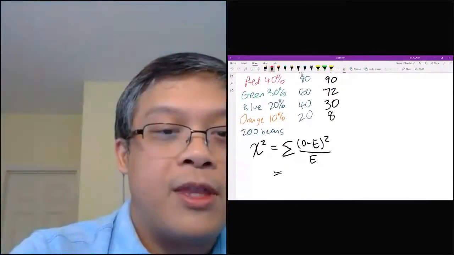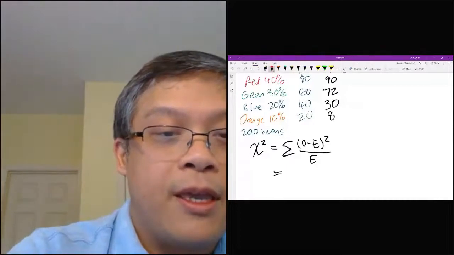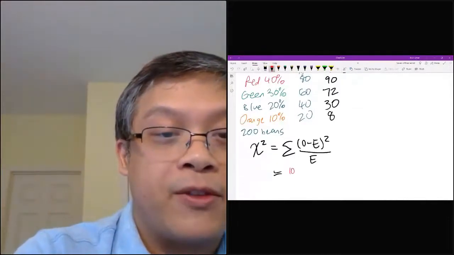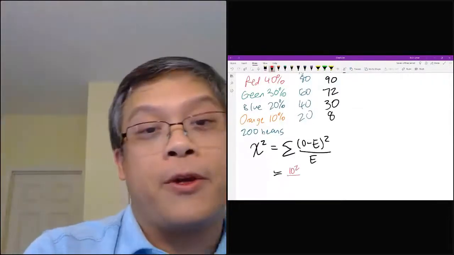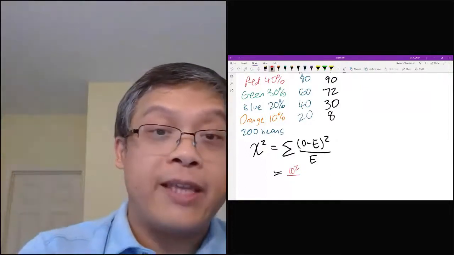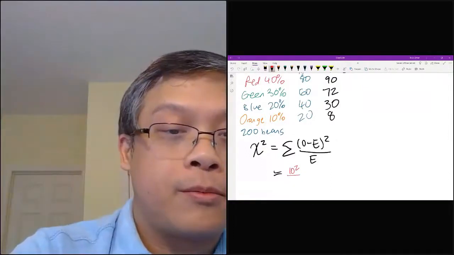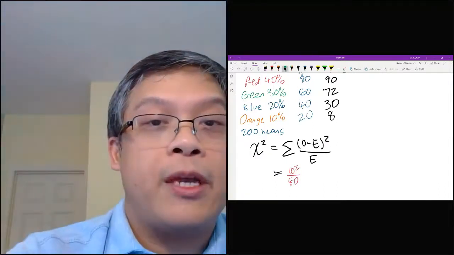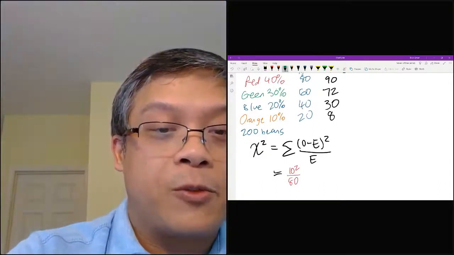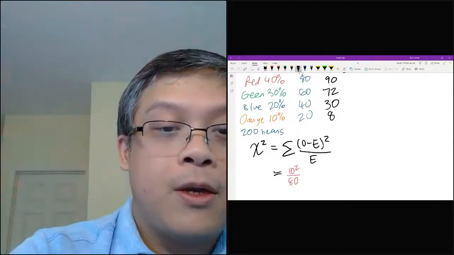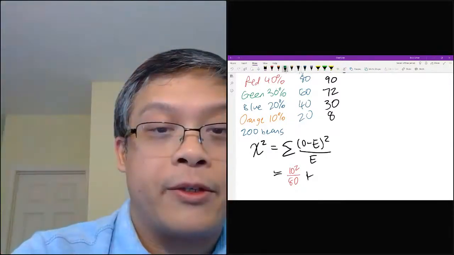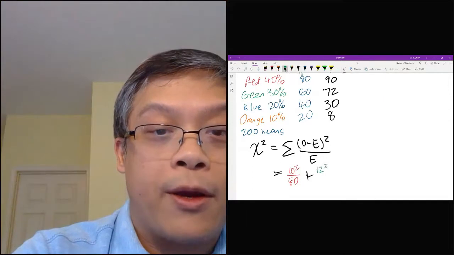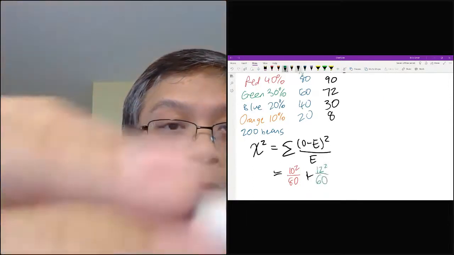Let's look at each of these contributions. For the red jelly beans, observed minus expected is 90 minus 80, which is 10, and you'll square that quantity. For the green jelly beans, the observed minus expected is 12 squared over 60.